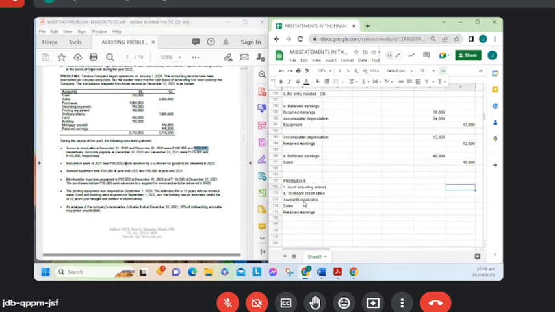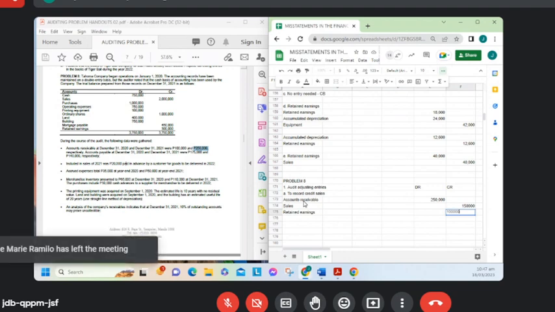So debit accounts receivable of 250,000 pesos, sales of 150,000 pesos, and retained earnings of 100,000 pesos. Okay?